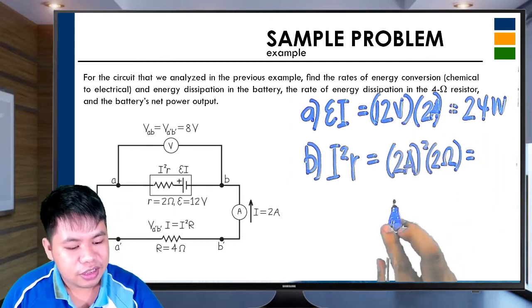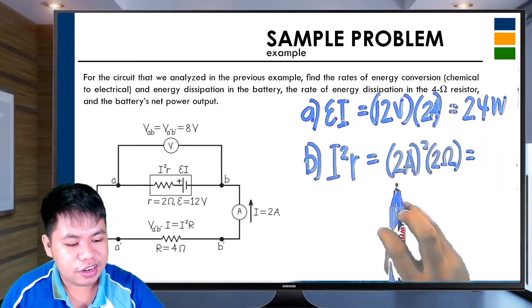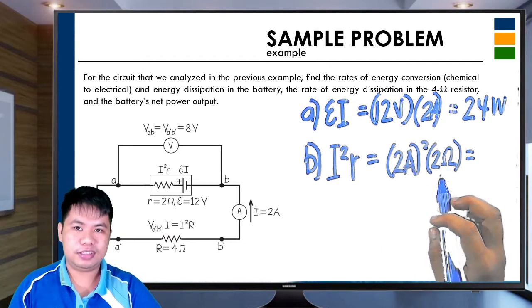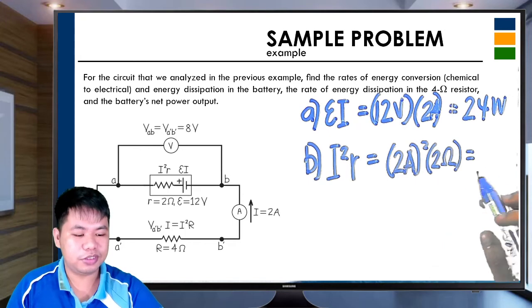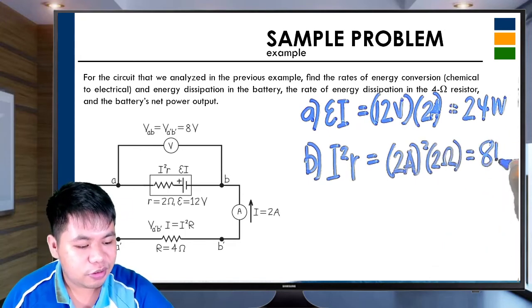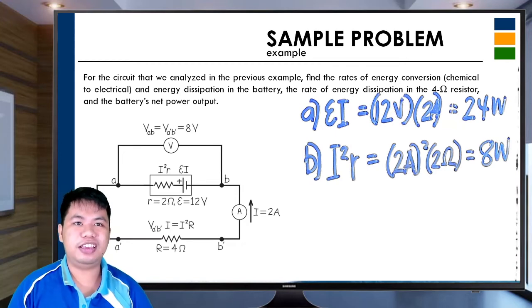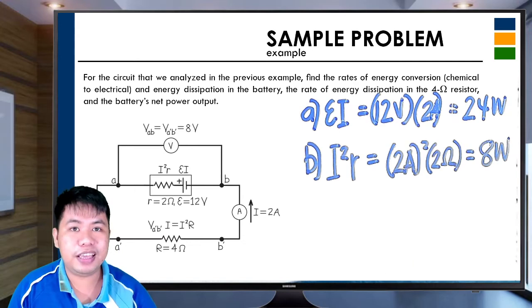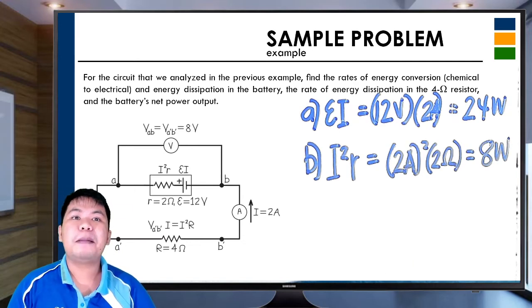So we have 2 squared, that is 4, times 2 ohms, that is 8 watts. So this is the energy conversion and the dissipated energy of the battery.